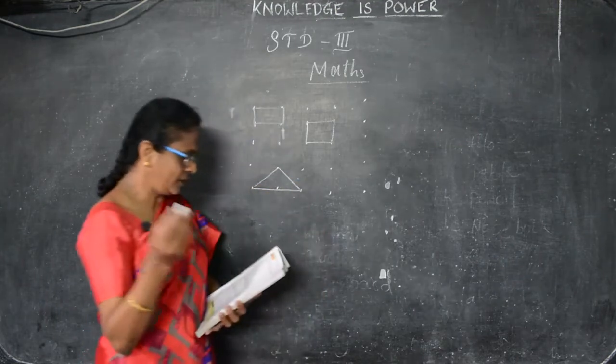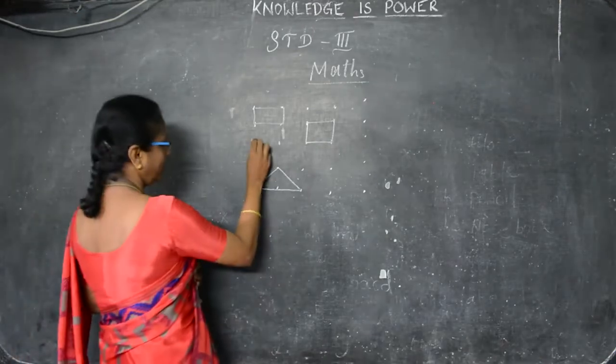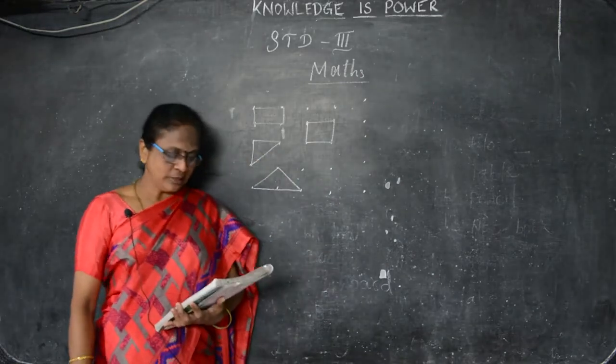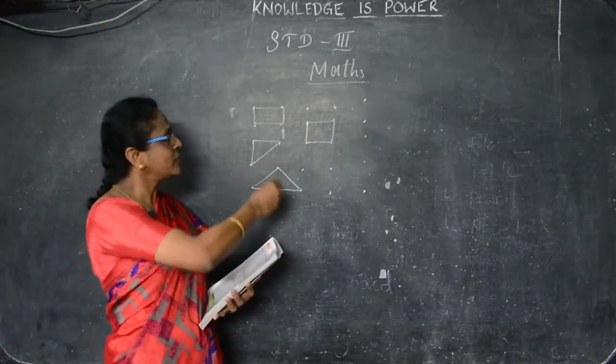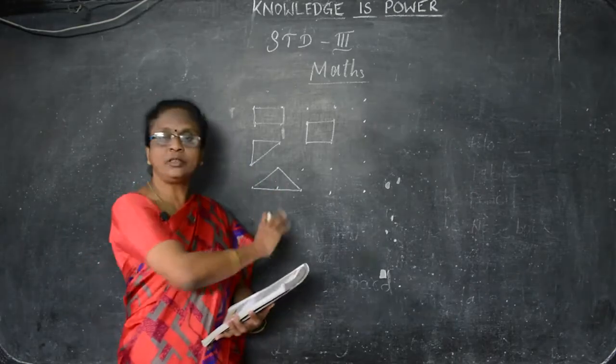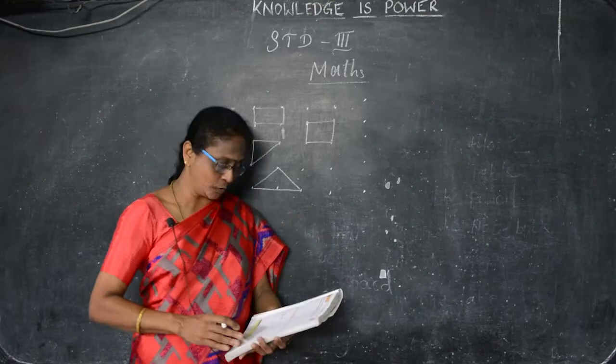You can join the dots and draw the shapes like this on your board, and you can even make the triangle like this also. So during this time you can put the dots and make a square or rectangle like this. So this is called a geoboard, a mathematical manipulative board.